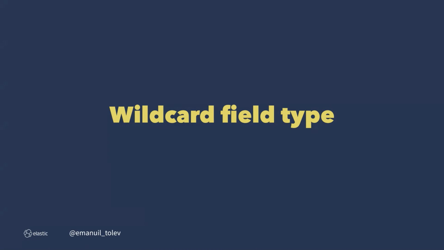So why wildcard? The wildcard field indexes the whole field value, but slightly differently to tokenization. It uses n-grams and stores the full string. The amount of storage it takes will be lower than keyword fields, but it will be slower to match full matches.